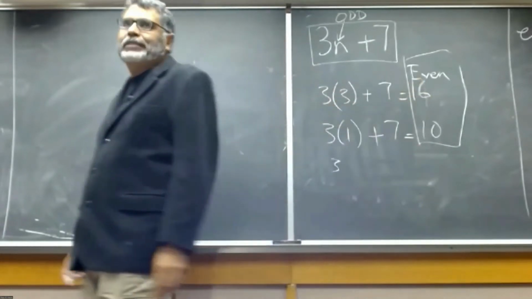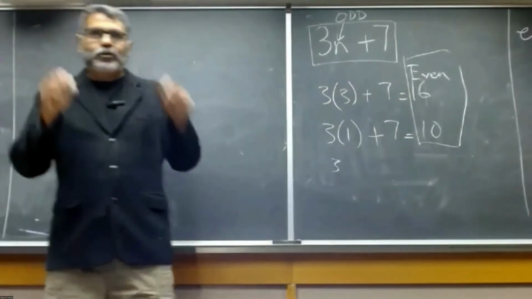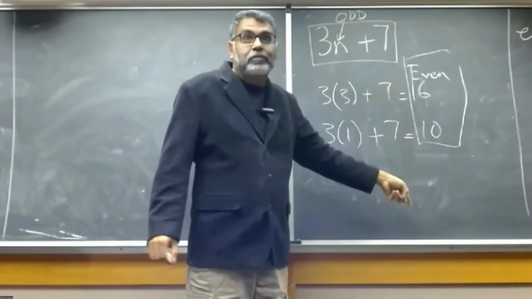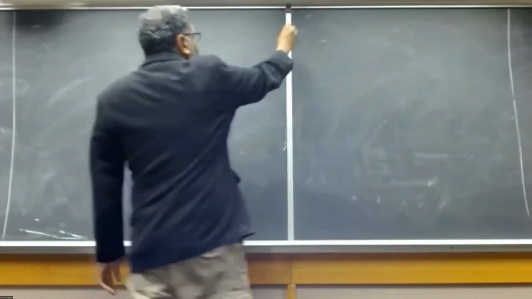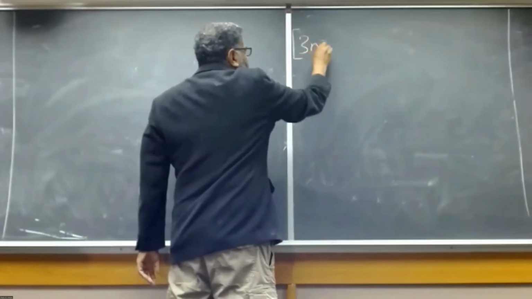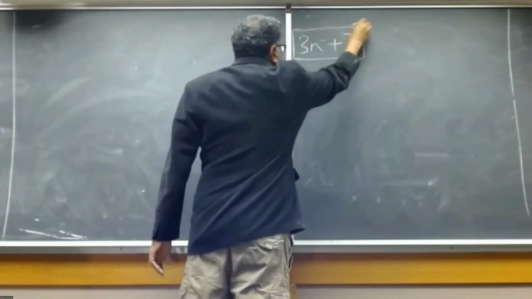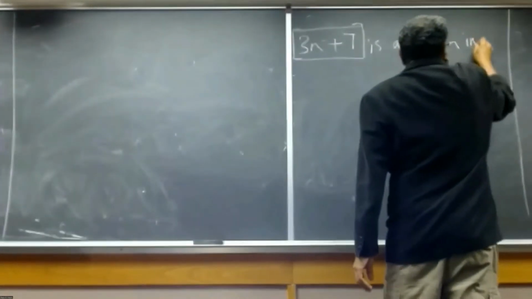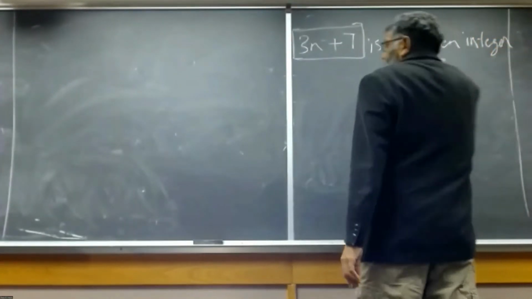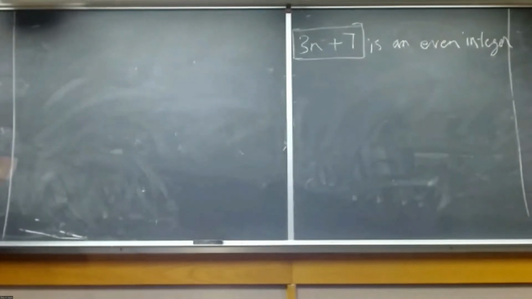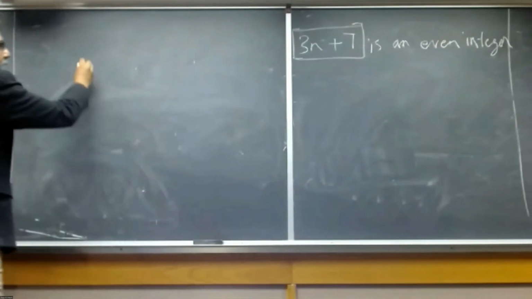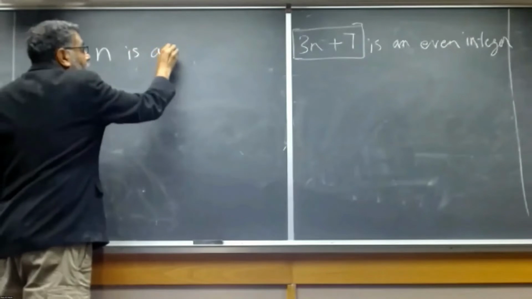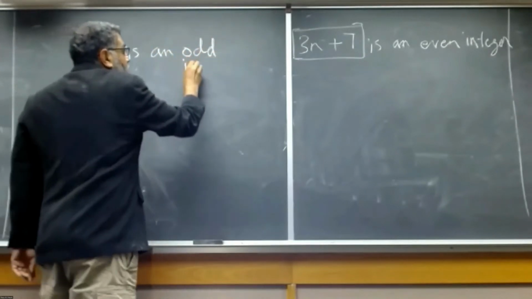Is that a proof? It isn't. We haven't definitely proven that if n is replaced by an odd integer, this thing sums to an even number. So our expression is 3n plus 7. It is an even integer, you see the font size is quite big, if the n that we replace, so n is going to go here, is an odd integer.